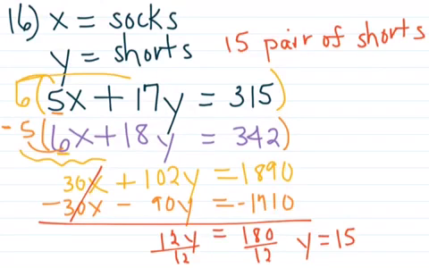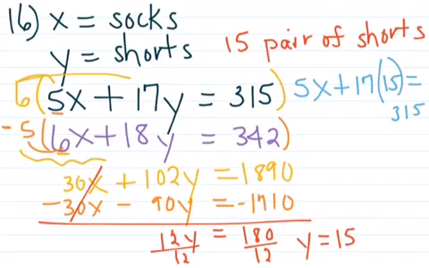And we need to find the x value, and we can use either one of the original equations. Let's just do the first one. We have 5x, because we don't know what x is, plus 17 times 15, because we now know what y is, equals 315. So that's 5x plus 255 equals 315.